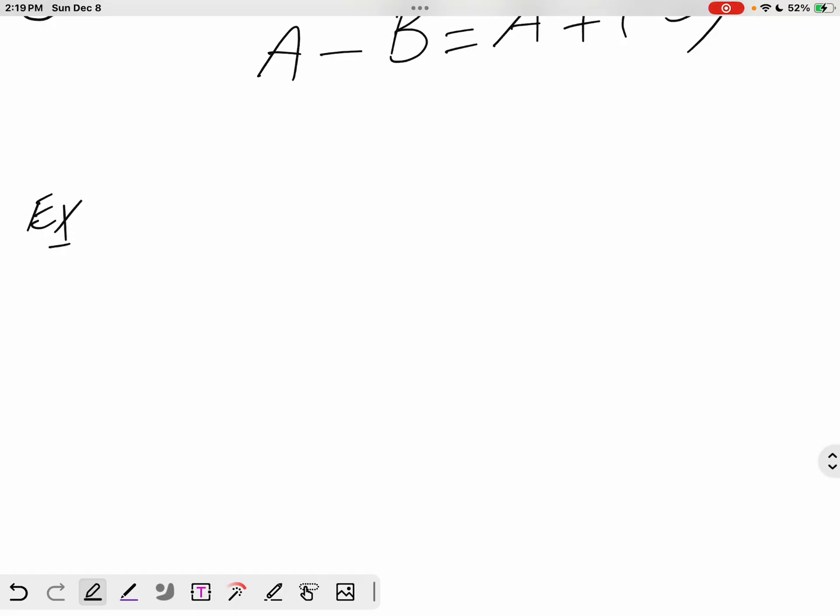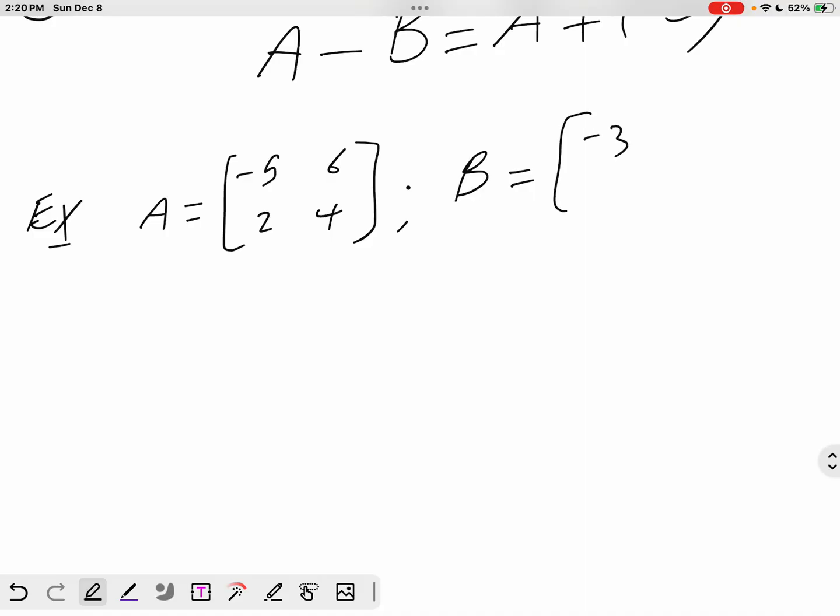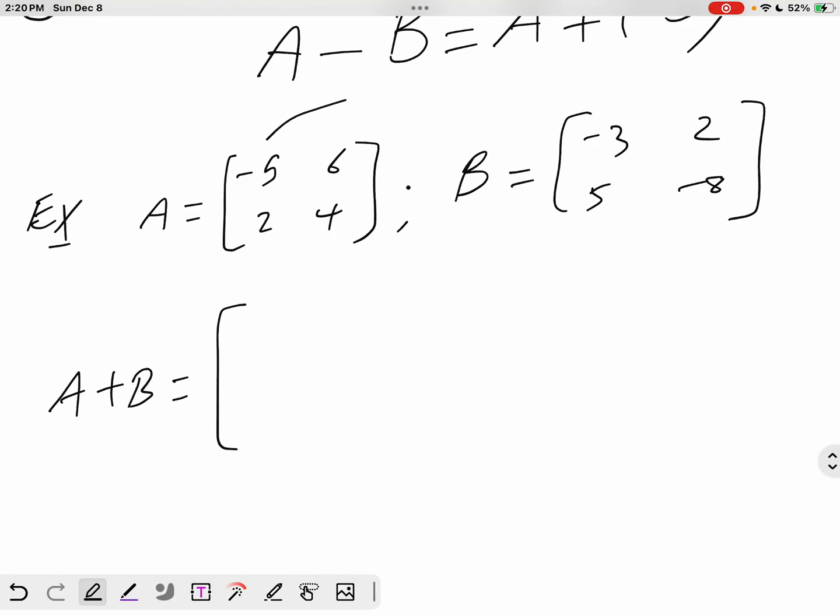So for example, if matrix A is [-5, 6; 2, 4] and matrix B has the elements [-3, 2; 5, -8]. Now we're doing minus here this time.